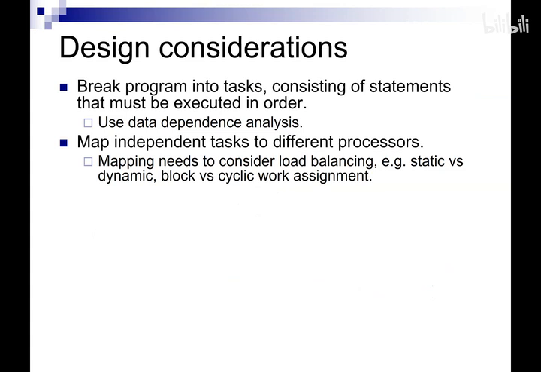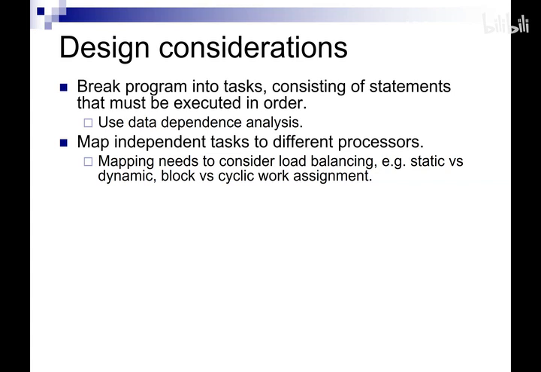Now, there are several things we need to keep in mind when we do this. We're going to take our original program and break it into these tasks. For all of the statements within the program, there's some sort of dependency between these different statements.